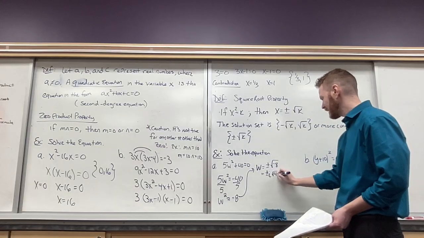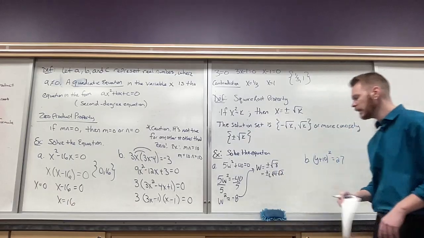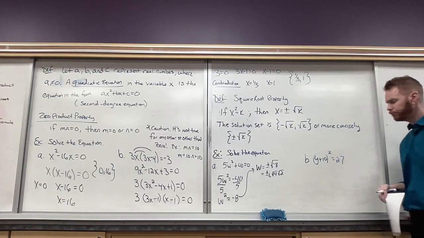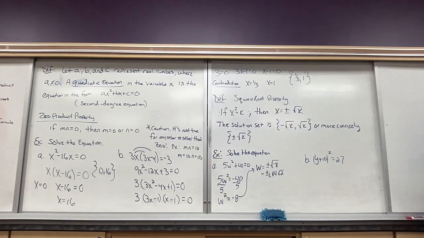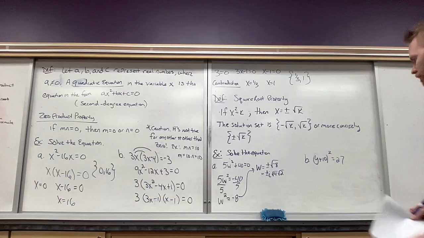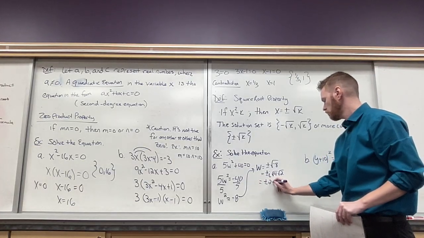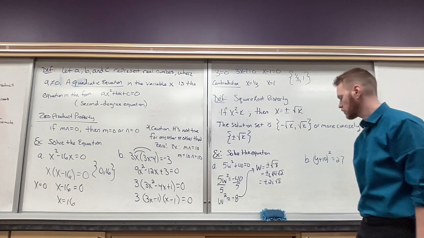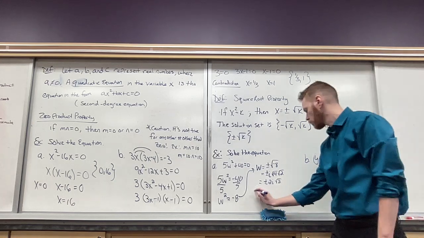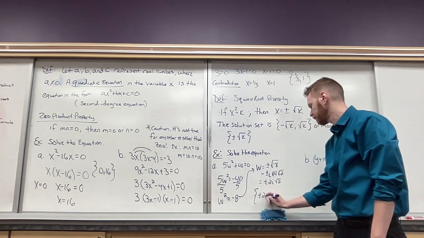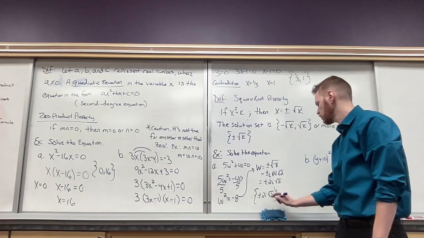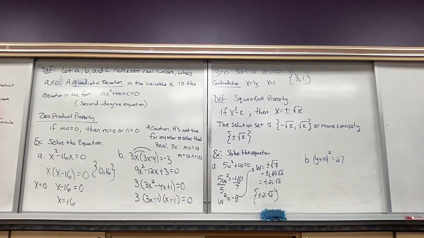We can take the i out, and we can break down square root of 8. That becomes a 2. We'll put i next to it, and then square root of 2 comes after. Again, we use the little curly brackets. Then our solution set is plus or minus 2i square root of 2.